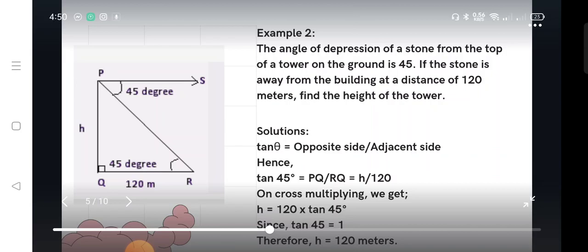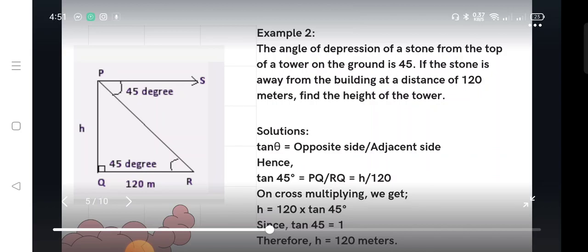So angle R is 45 degrees. PQ is equal to the height. So let angle R be equal to theta, equal to 45. So we know that the formula of the angle of depression is tan theta is equal to opposite side over adjacent side.